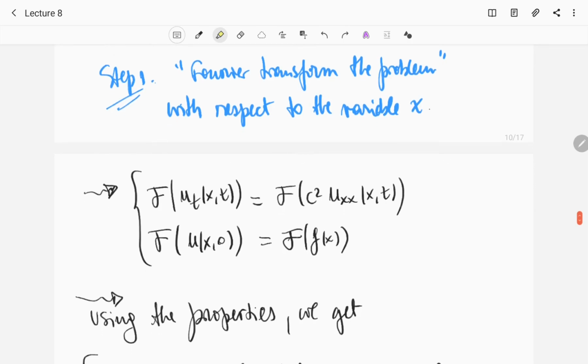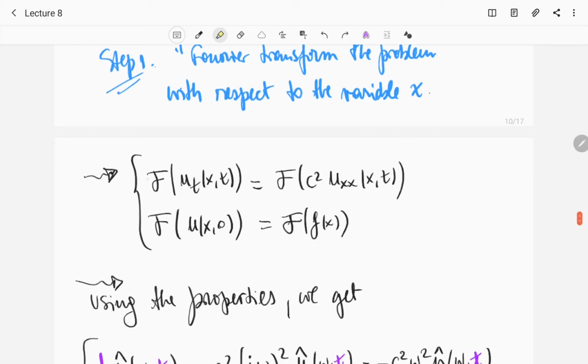So assuming that, we can use this method. The first step again is Fourier transforming the problem with respect to the variable x, which means I apply the Fourier transform in each line of the problem, and now we use all the properties that we know. Again linearity, so we can put the c square out of the Fourier transform. Here we know that we will have a factor i omega square and then the Fourier transform of u.